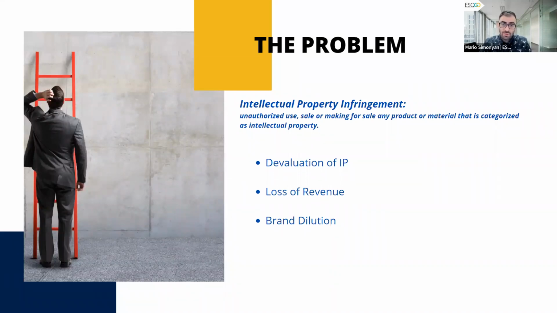An intellectual property, such as a trademark, isn't worth the same if you've got 100 other competitors using that brand name or your trademark, and you're unable or unwilling to enforce it. So that's been the issue that Amazon sellers and other online sellers have been facing.